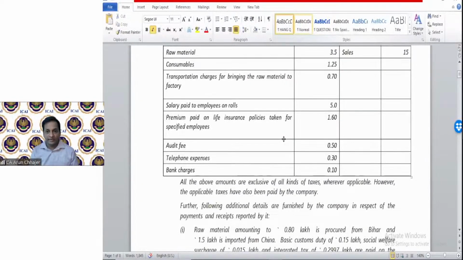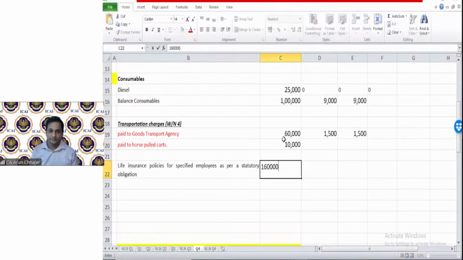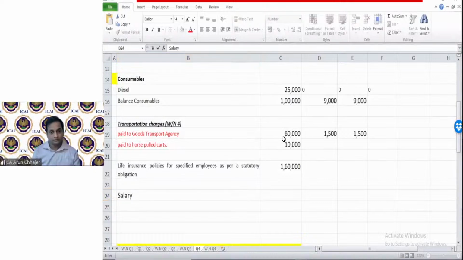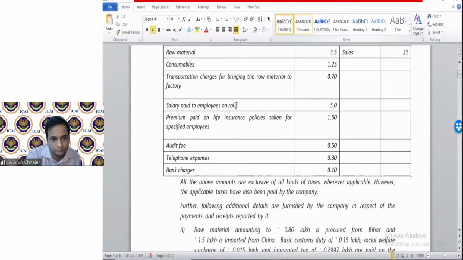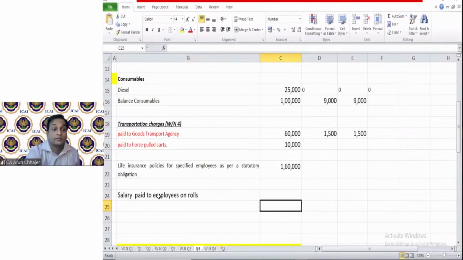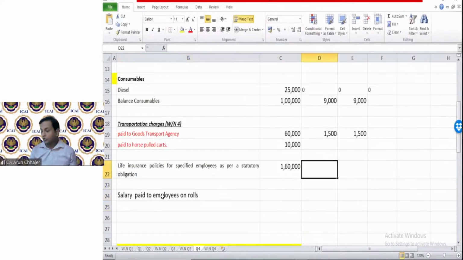Amount is 1,60,000. Whether ITC would be available or not available?